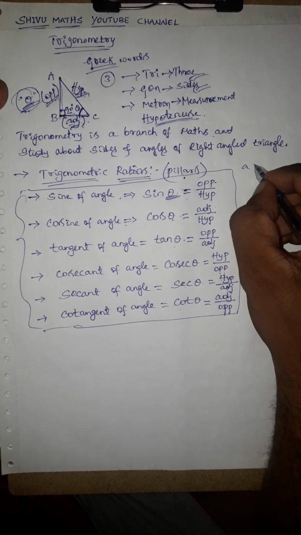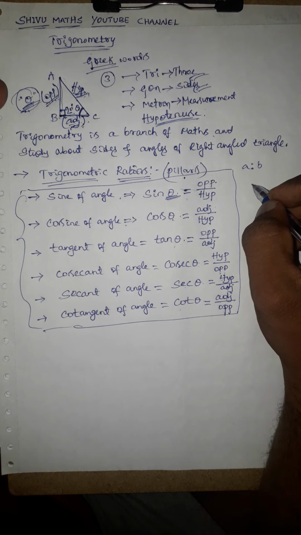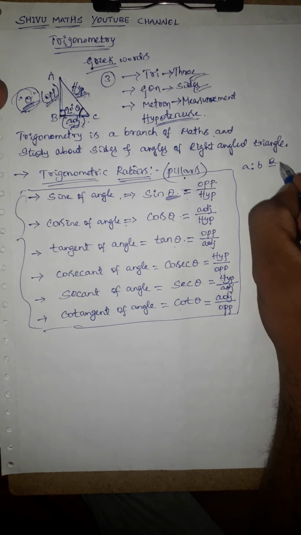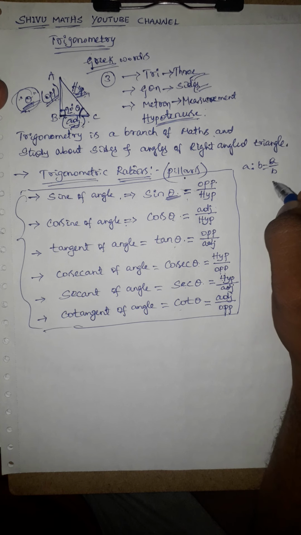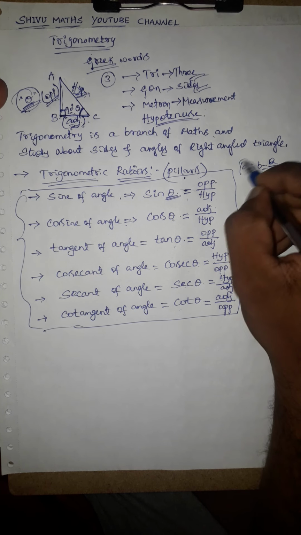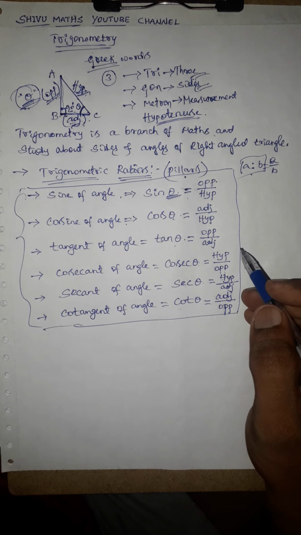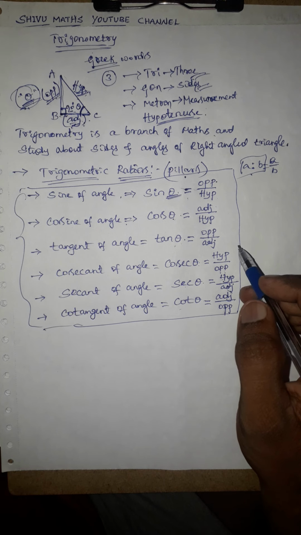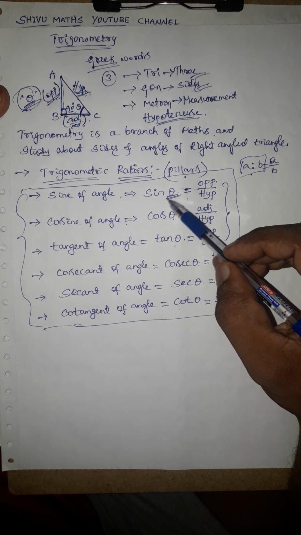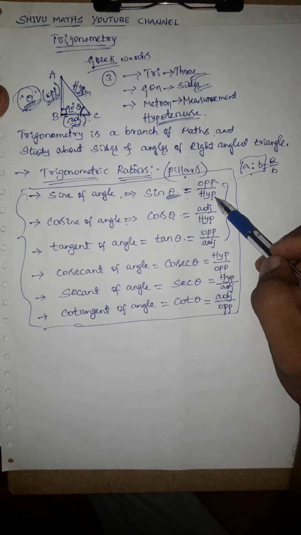Ratio is also expressed as a fraction. So A is to B is written as A by B. That's why these divisions are also converted into ratios. Observe the first three. First one is sine theta, opposite by hypotenuse.